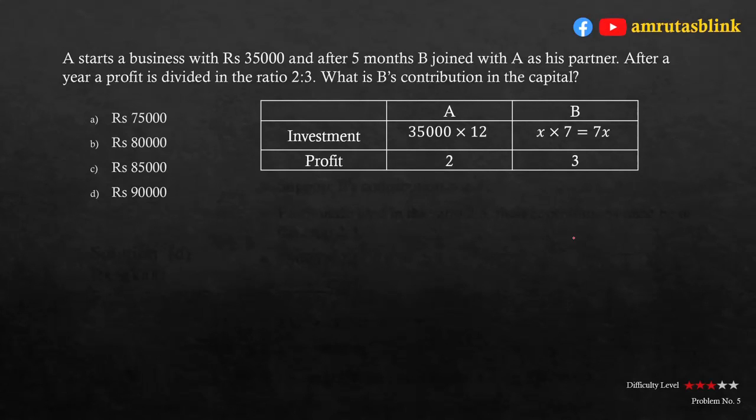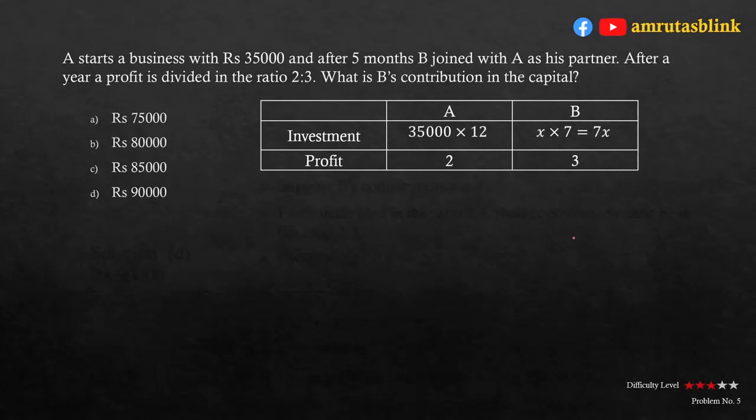Now, there are two people, A and B. A starts a business with rupees 35,000. So, his capital is going to be utilized again for the complete 12 months. After 5 months, B is joining with how much amount, that we need to calculate. So, we will assume B has joined the company with amount X, but it is after 5 months.